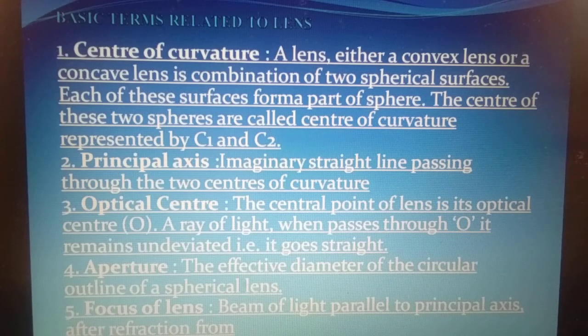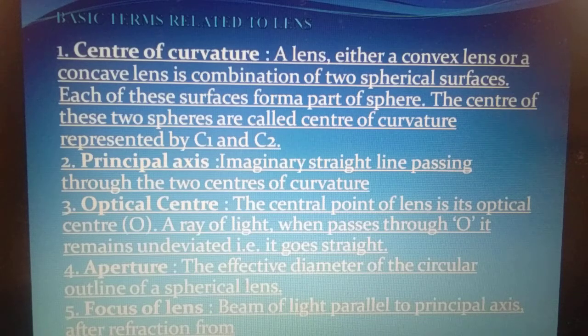We can consider a lens, either convex or concave, as a combination of two spherical surfaces. Each of these surfaces forms a part of a sphere. The centers of these two spheres are called the centers of curvature. We represent them with C1 and C2.